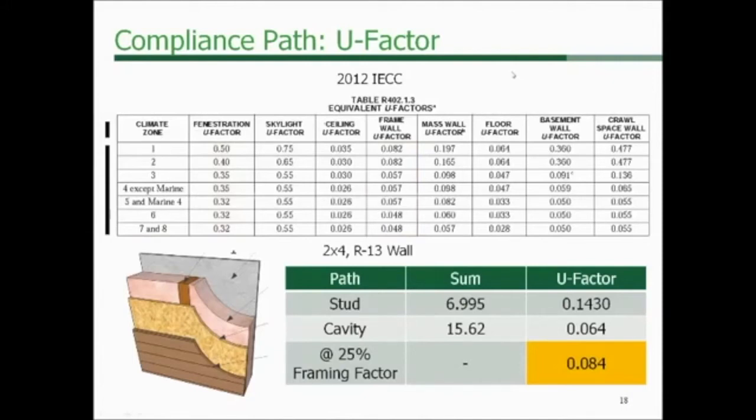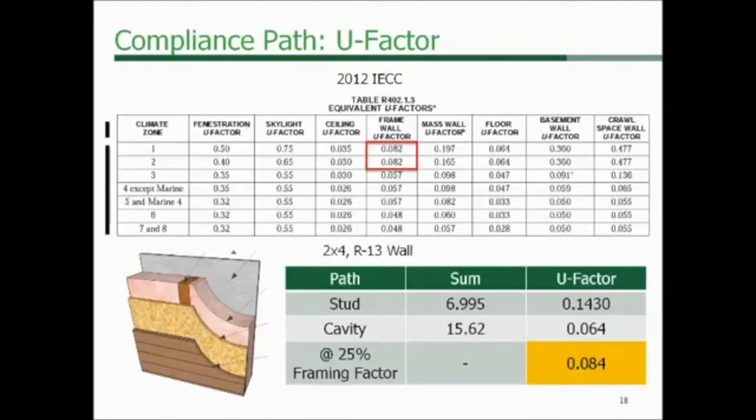Now, here's kind of an interesting thing with the 2012 IECC. If you notice, we said in the R value table that an R13 wall would work. And we calculated in our first example that the U factor was 0.084.